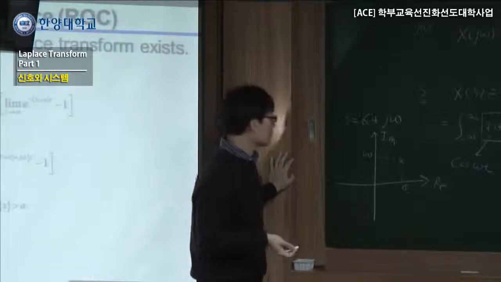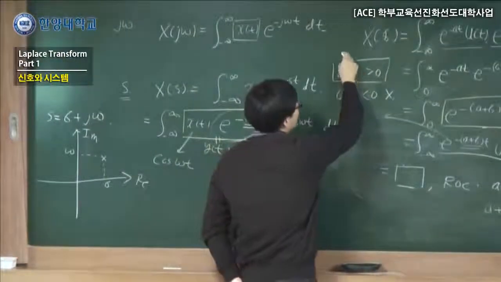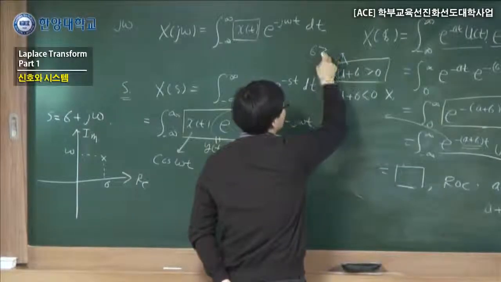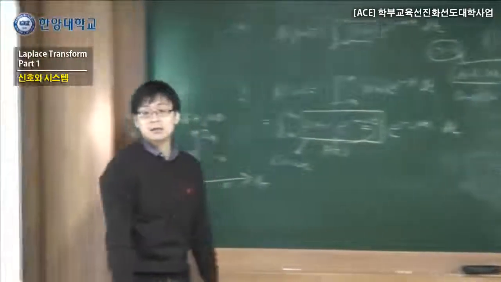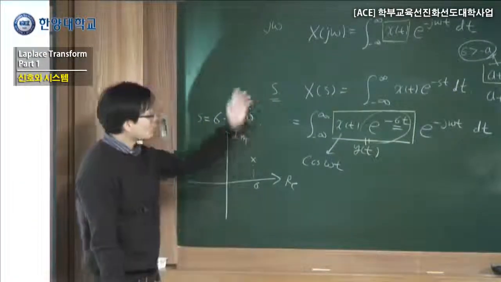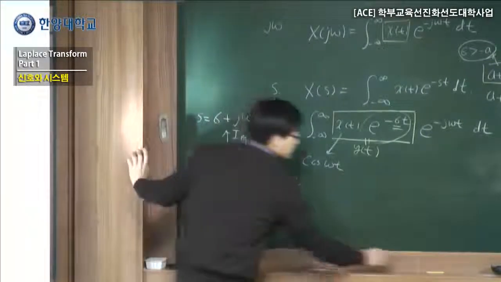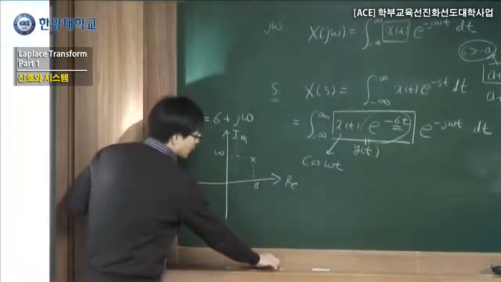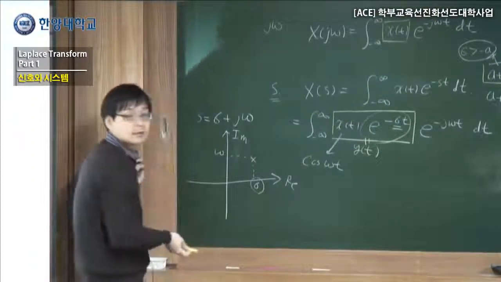So what this says is that delta is larger than minus A. When you see that, it means this delta is larger than a certain value.